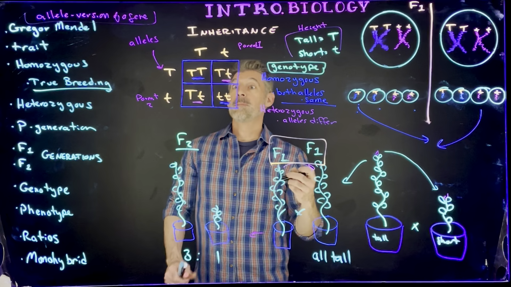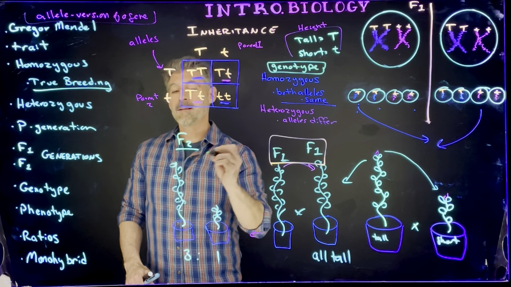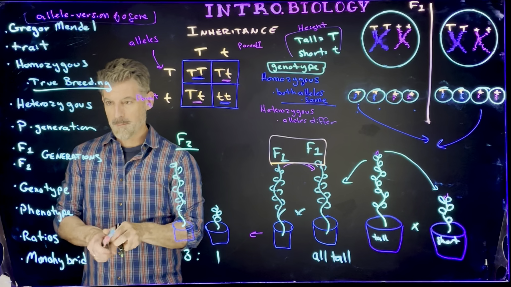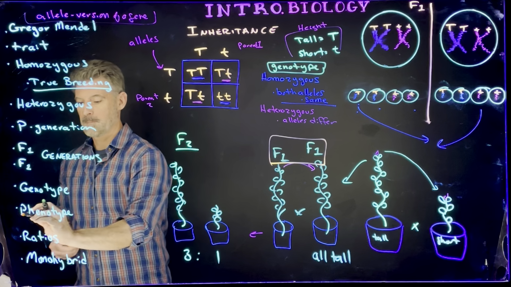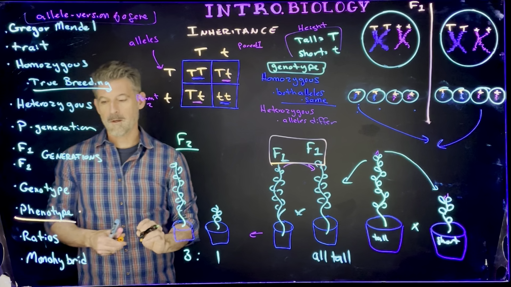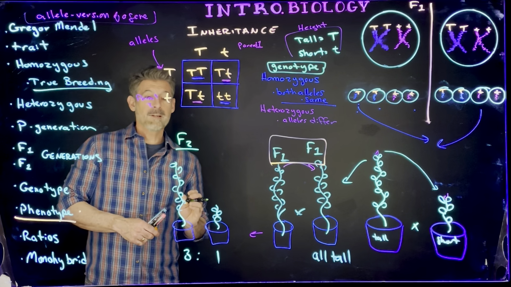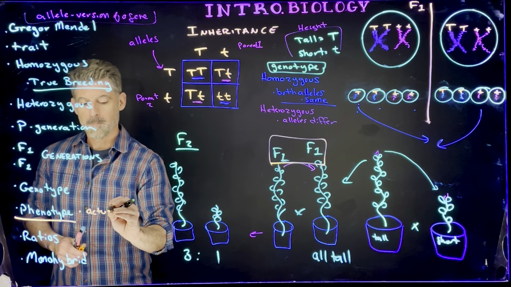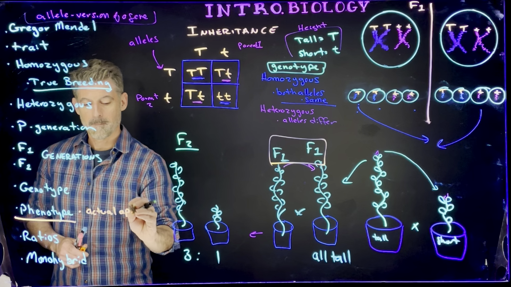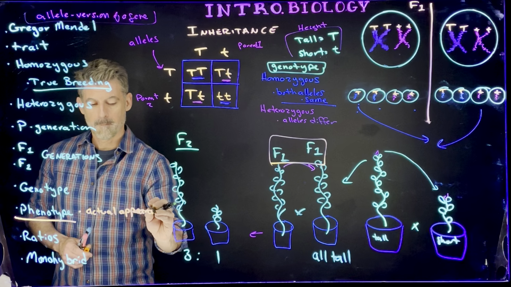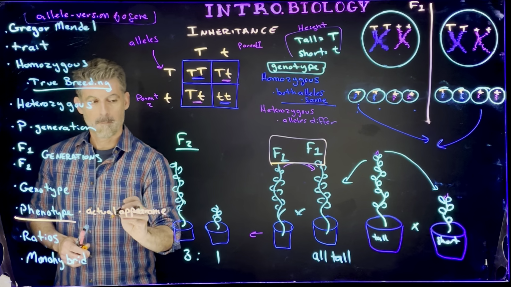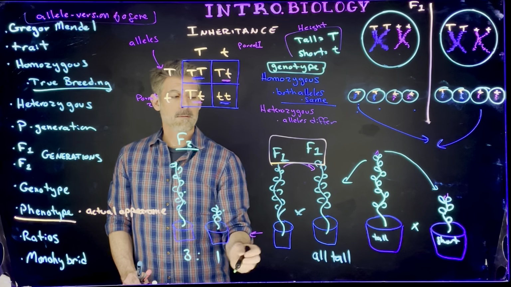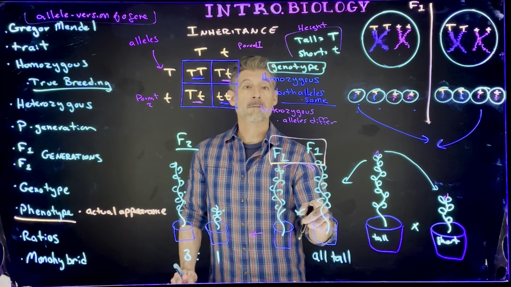However, there's a difference between genotype and phenotype. So when we talk about phenotype, phenotype is just what it looks like, the actual appearance. So in this case, tall, short, tall, tall, tall, short.